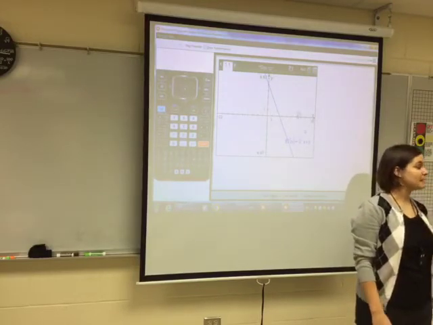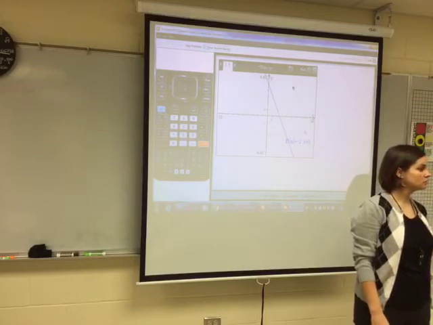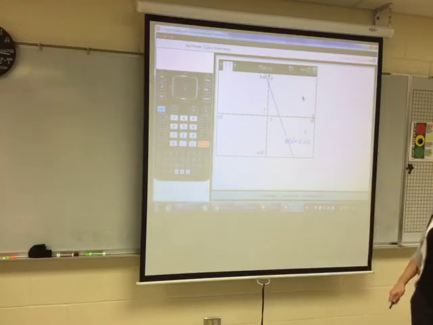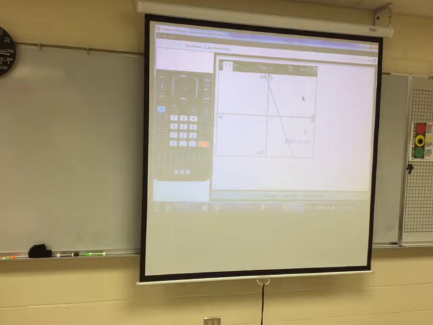What about the table? You want to look at the table? All right, so how do I get to the table from here? What about Control T? T for table. Control T. Hey, look at that. So on the y's, that f1 of x, we need to look for 19.